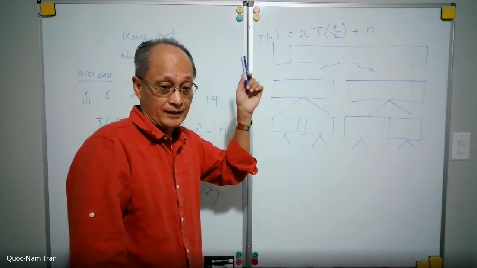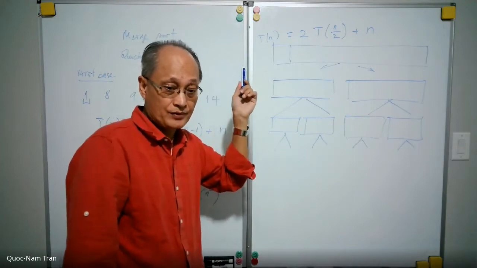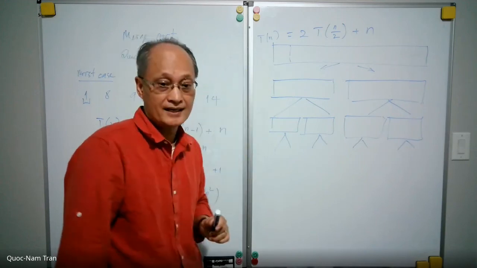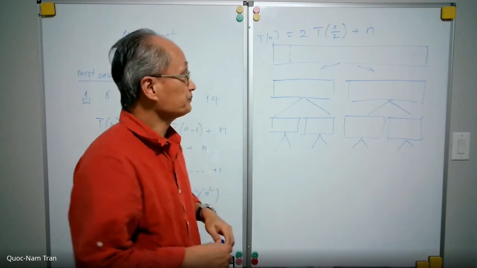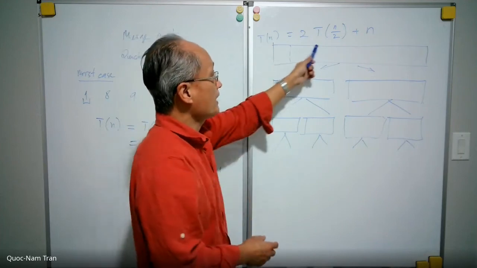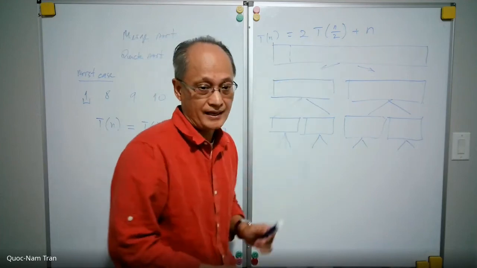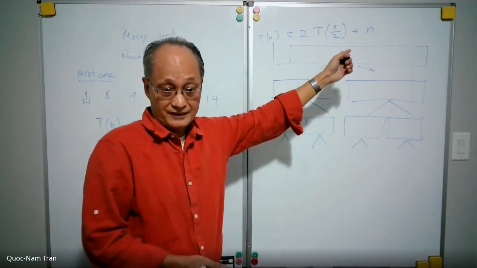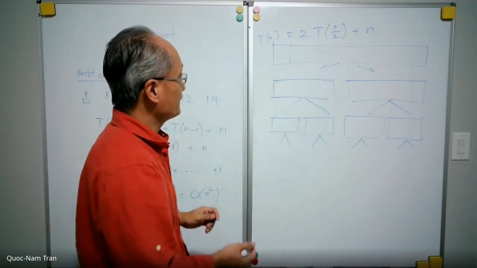And then using the recurrence solving method you learned before, what is Tn? Tn is 2 times T of n over 2 plus n. It's similar to merge sort. So what is Tn?